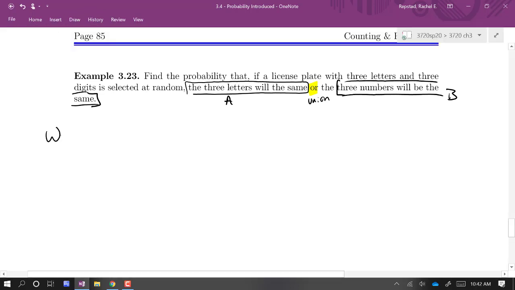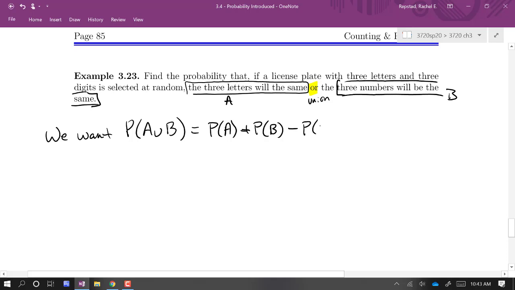And what we want is P of A union B, which is P of A plus P of B minus P of A intersect B. So now what we've done is sort of broken this down into 3 smaller problems. I can just focus on finding P of A, then finding P of B, and P of A intersect B.